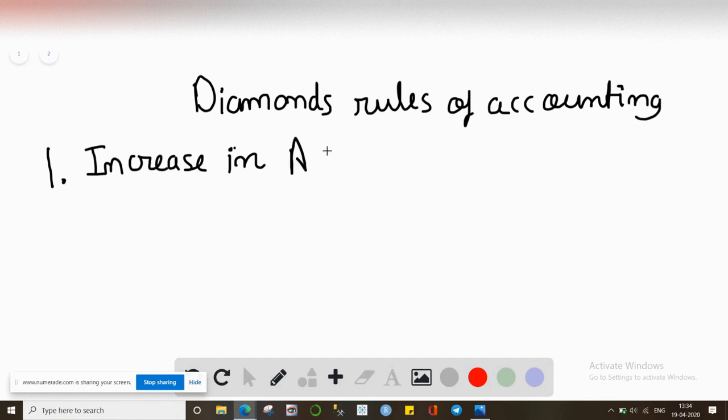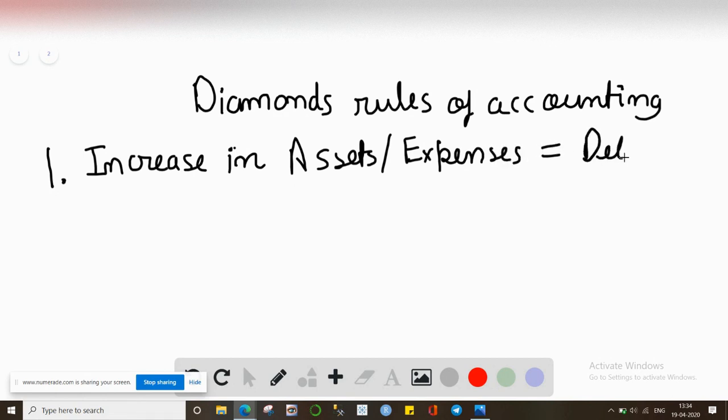Increase in assets, expenses equals debit. Some of you students can reasonably raise the question of why we are making it debit, why not credit.